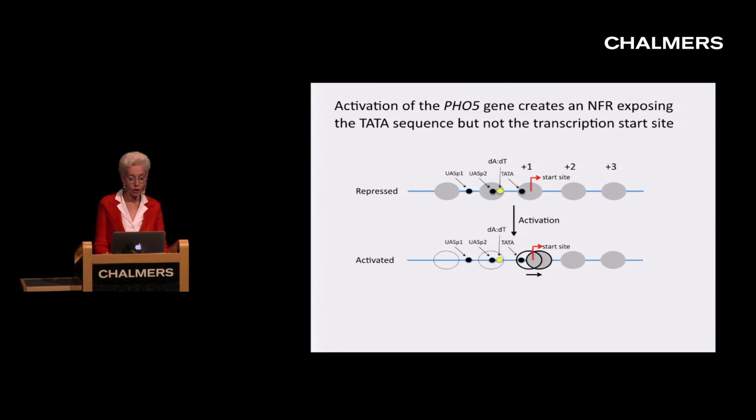Upon activation of the gene, 2 nucleosomes are removed, indicated by dashed ovals, creating an NFR that exposes a regulatory sequence, UAS P2. A third nucleosome, the so-called +1 nucleosome, is not removed, but caused to slide, exposing the TATA sequence, but still covering the transcription start site. Transcription is still repressed.